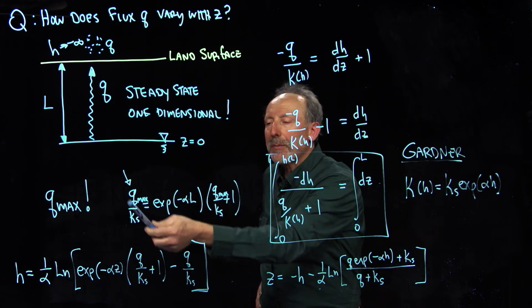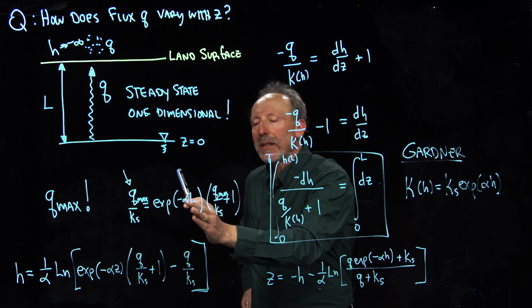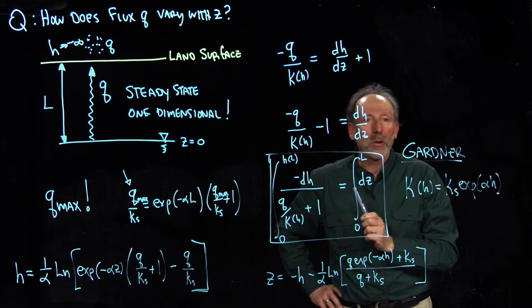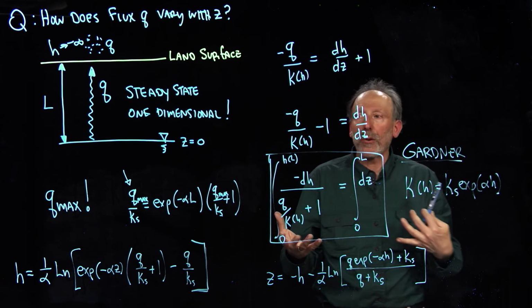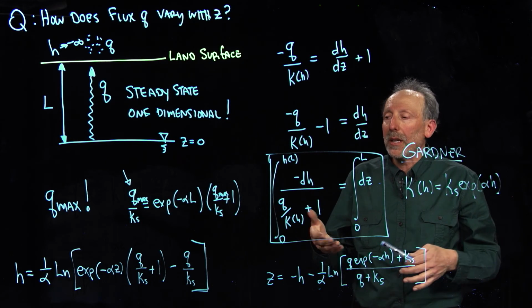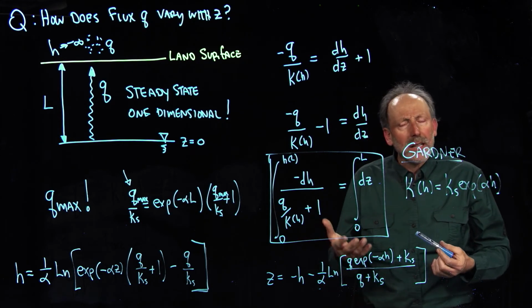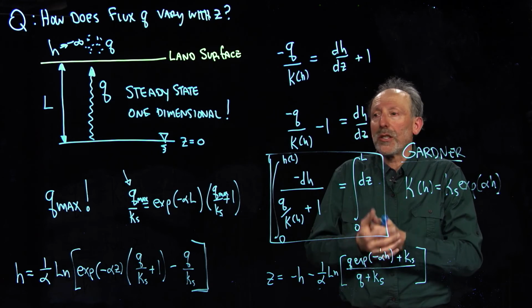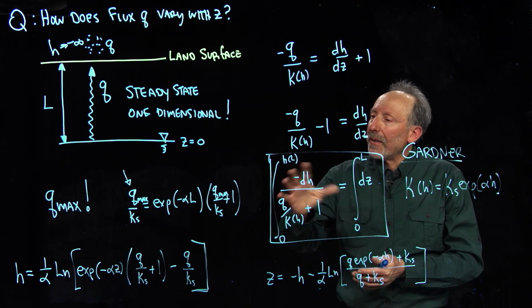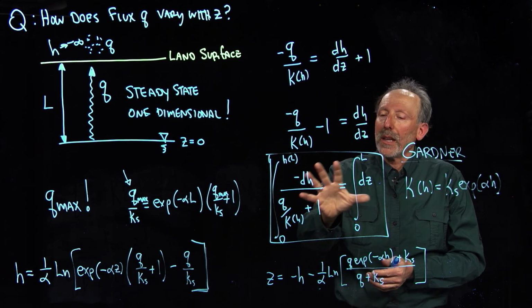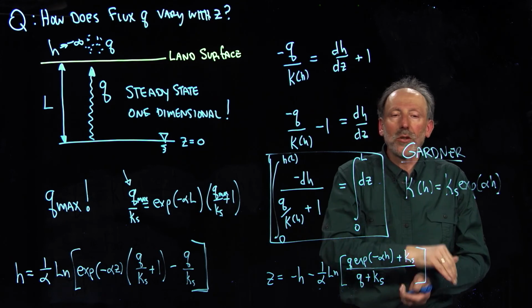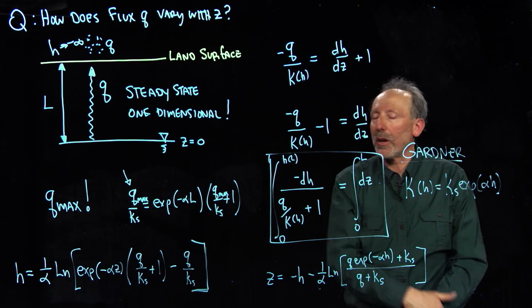But we get an exact expression for the flux at any given depth. And that is a very powerful result when you want to look at what the evaporation, for example, from a desert situation would be, or from any water table. And that can, for instance, give rise to salt accumulation at the surface of the soil. So this simple problem really allows solution just using Gardner conductivity and gives us a result that's very powerful.